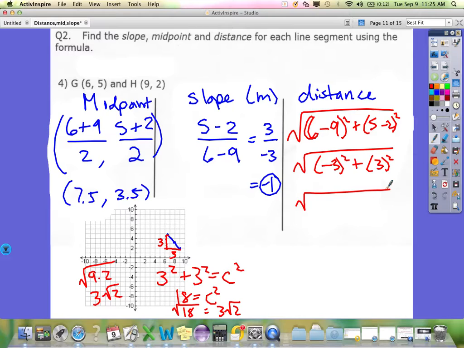And you're just squaring it, so that's why it doesn't matter which order you do it. Either way, I'm going to square it, I'm just going to get positive. Again, square root of 18, and we already figured out that that's 3 radical 2. I don't care which way you do it. It's up to you. If you like a formula, good for you, use that. If you like shortcuts, you're very visual, you can use the graph paper, or you can do both.